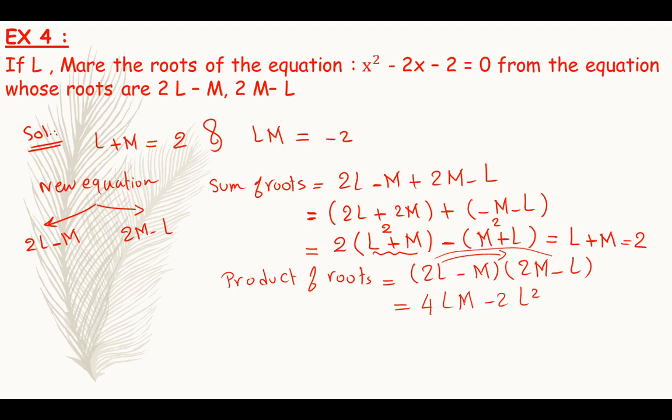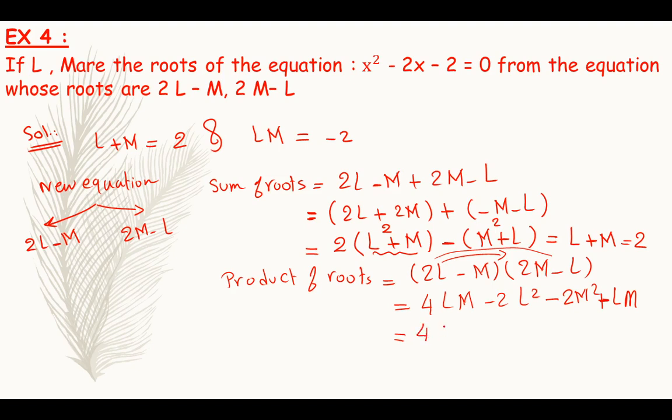Negative M times 2M will be negative 2M squared. Negative M times negative L will be positive LM. And you can see that this problem is a tough one also.